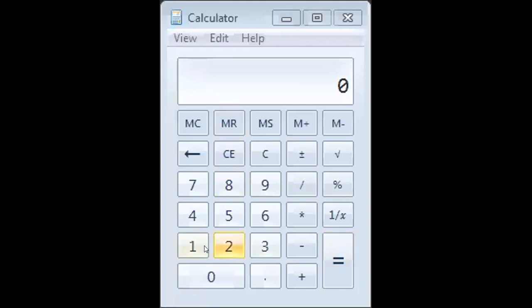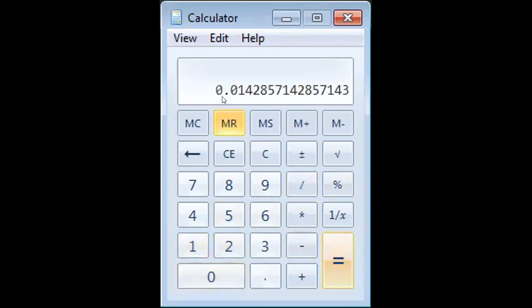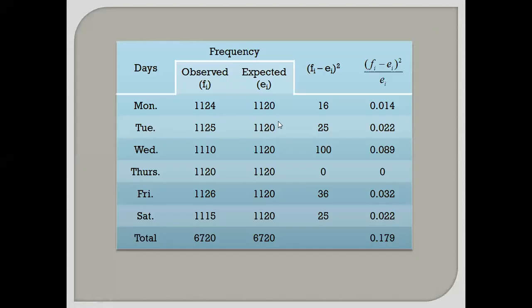Here we divide 16 by 1120, and on the calculator we get 0.014. Likewise we divide all the values by 1120, and then we get these values.